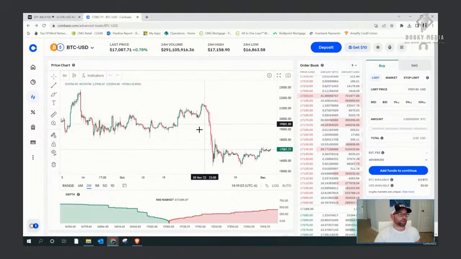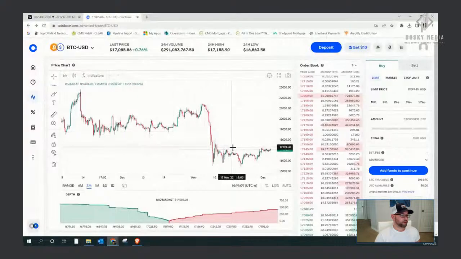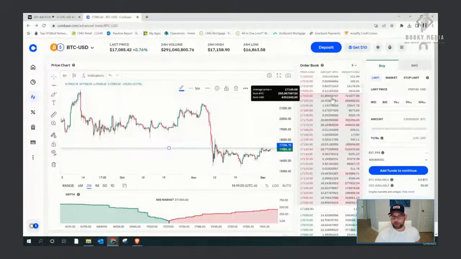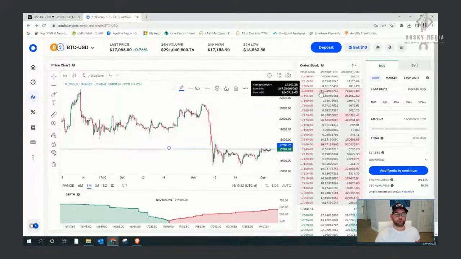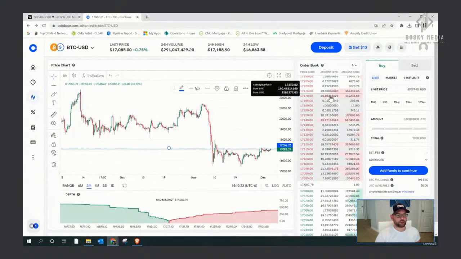Oh, I'm going to go to my chart and put in a trend line at 17,200 because some guy's got an order there, and I'm going to sell. Well, guess what? This could be a market maker order. That could be a spoof. By the time price gets there, all they have to do is click cancel and that order will go away. So you can't count on this to be here.